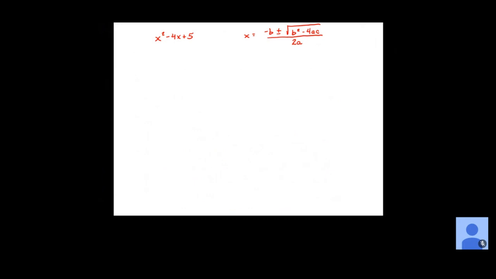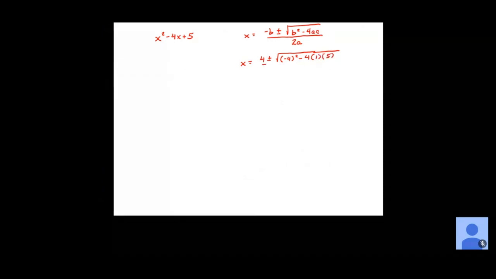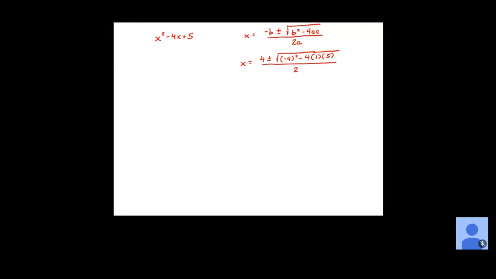So now if I substitute into that, my negative b becomes a positive 4 plus or minus the square root of -4 squared minus 4 times a is 1, c is 5. We're going to put all of that over 2 times 1.